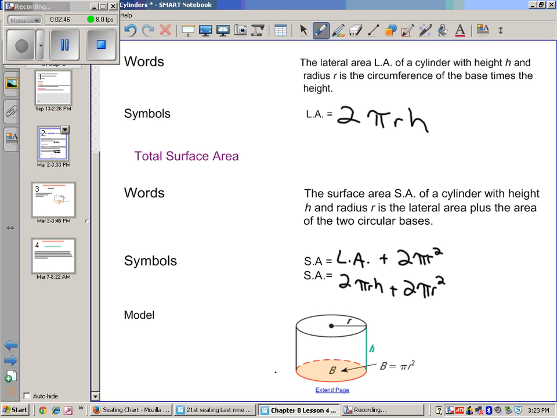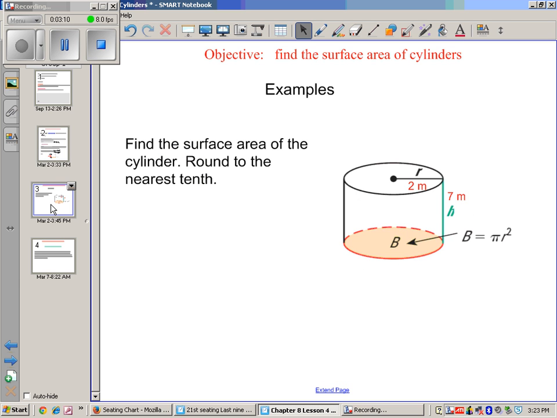You have 1 at the bottom and also 1 at the top. That gives us our 2 here in our formulas. And then we have our lateral area, which is in between here and all around. That's where the wrapper would go for the ravioli or chicken noodle soup or whatever kind of can or cylinder that you got. Okay, let's get on to some examples for surface area.